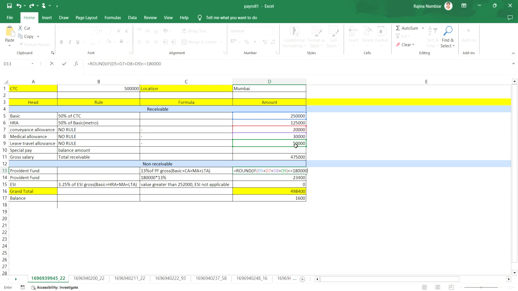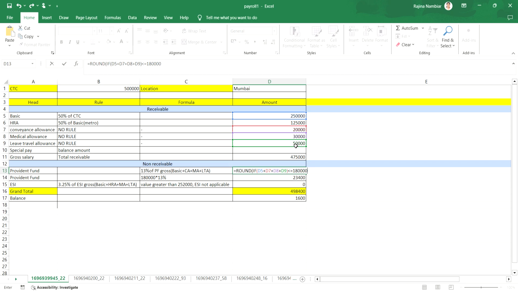Generally for monthly calculation it will be 15,000. If it is lower than that, the amount will be calculated on 15,000 only. So it is yearly, so we can calculate the slab which we've kept as 1,80,000.